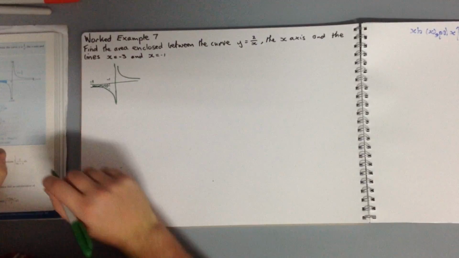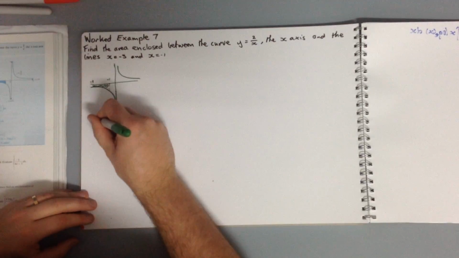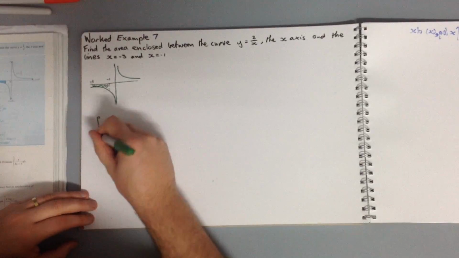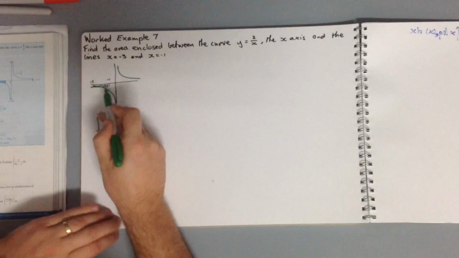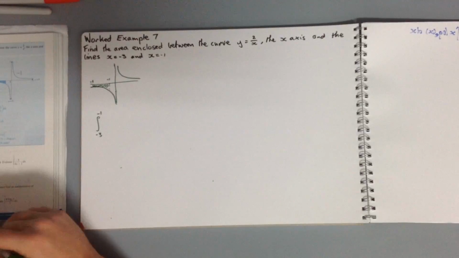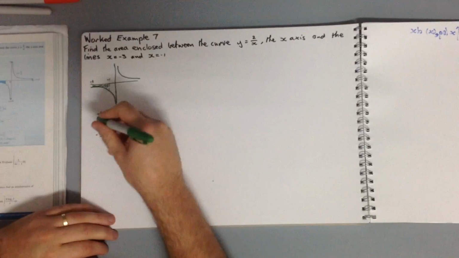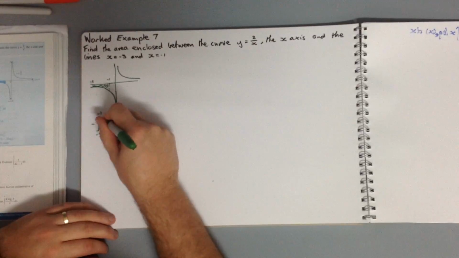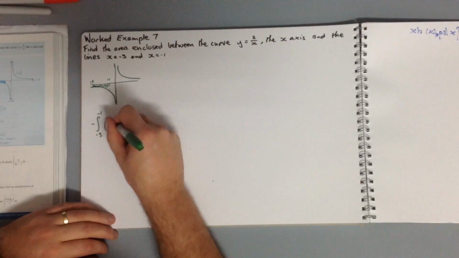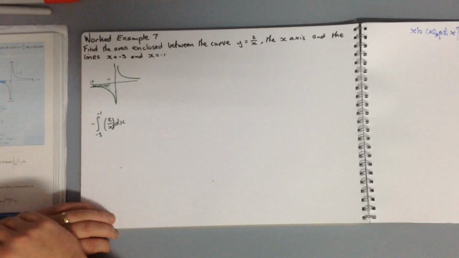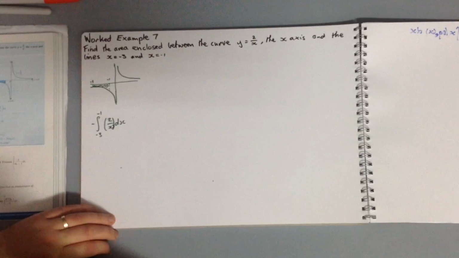So we're going to be integrating from -3 to -1, and you see we're below the x-axis, so our area would end up being negative. If we make it a negative out the front, then we're not going to have any problems. We're integrating 2 on x with respect to x.